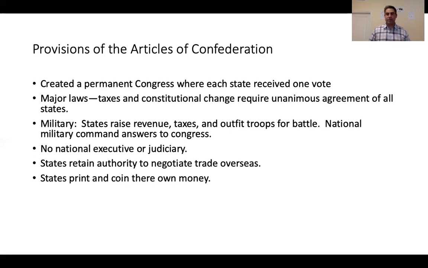So again, if you've been thinking about collective action, you can see that there's going to be a problem of free ridership here, right? Among the 13 colonies, the revolution is being fought in New York, in Massachusetts, in Virginia, and these large states are outfitting the troops for battle. They're paying the cost of the war, but smaller states, maybe states that aren't immediately as threatened or immediately as capable, are free riding on the larger states.